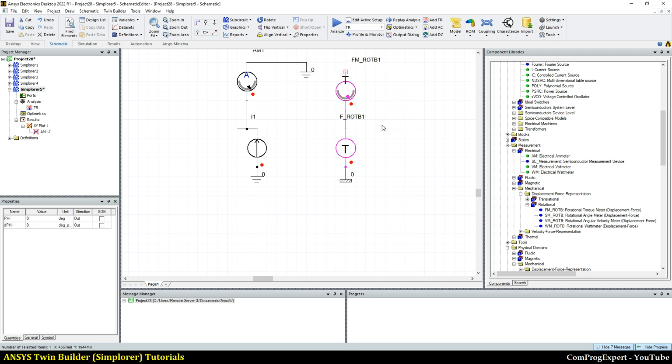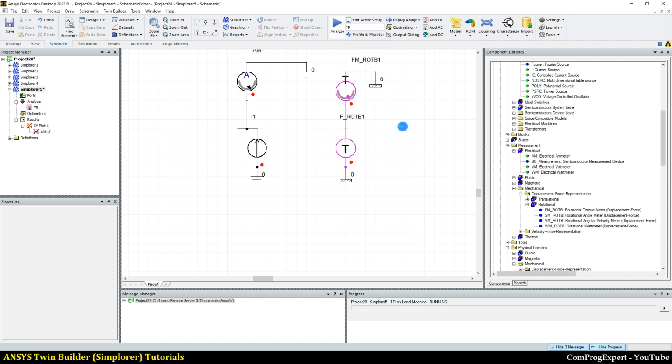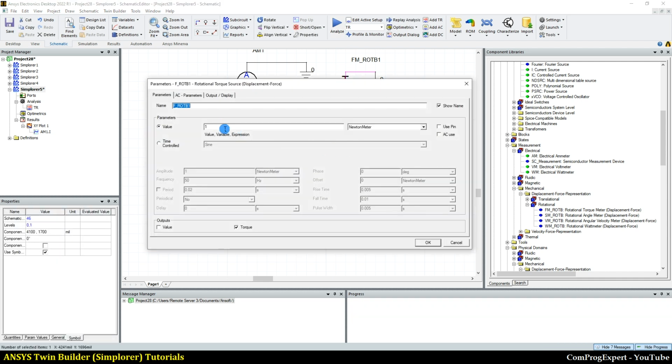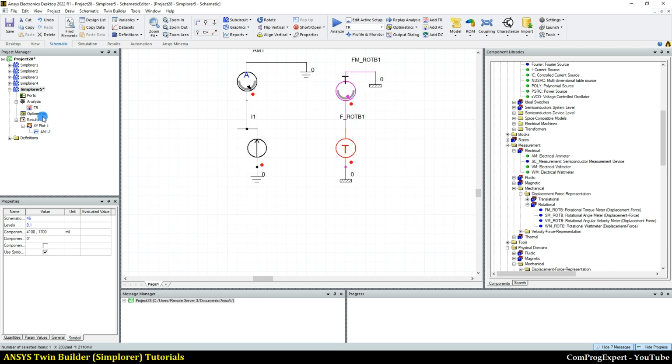The value of the torque that we have here, and again a mechanical ground, and run the simulation. So the value of torque is 1 Newton meter.